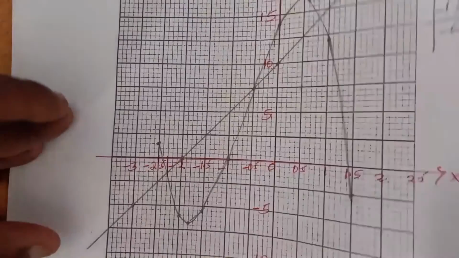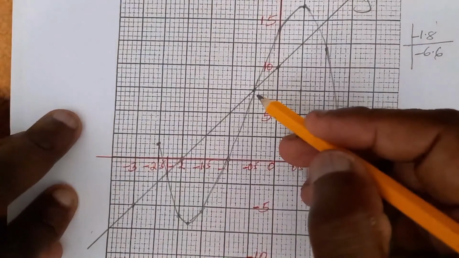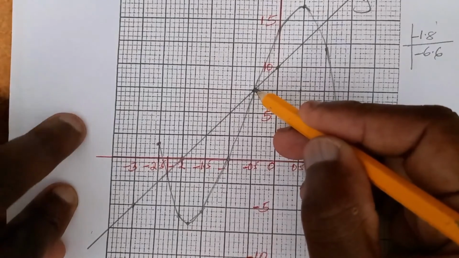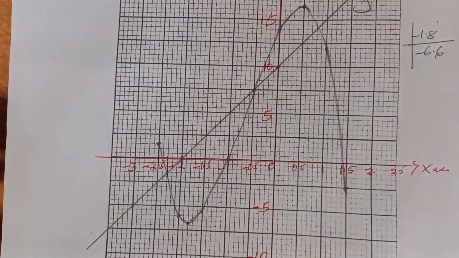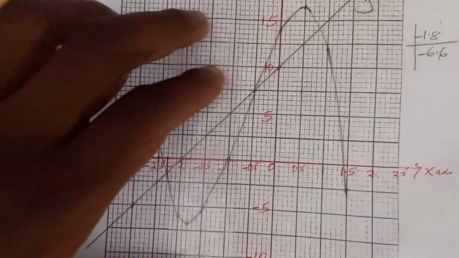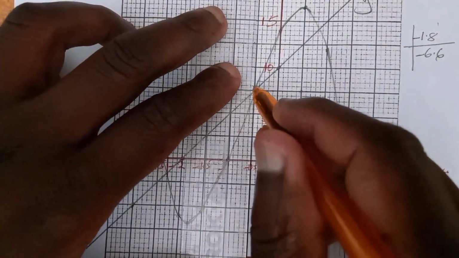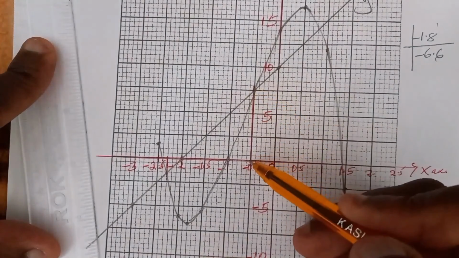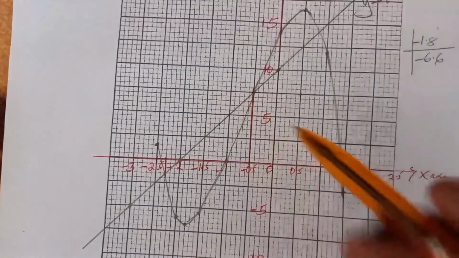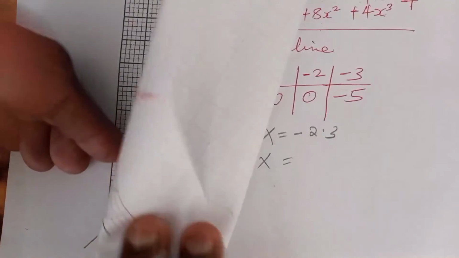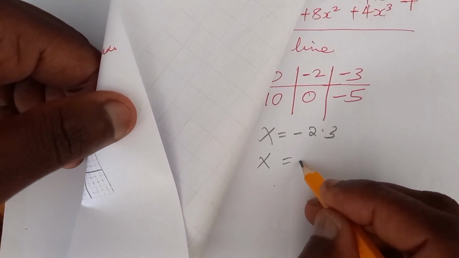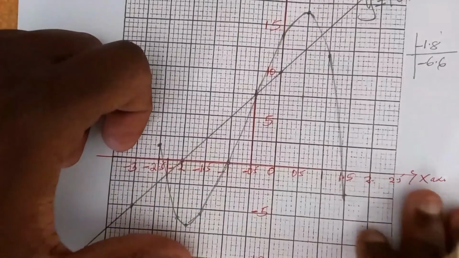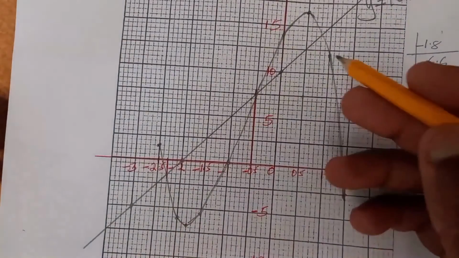The other point is here, point of intersection. So this one is straightforward. You just read the x coordinate of that point. When you drop, the x coordinate is negative 0.5. So that one, negative 0.5.